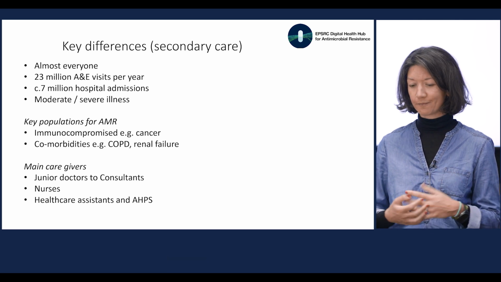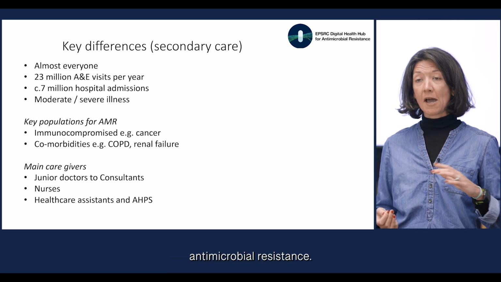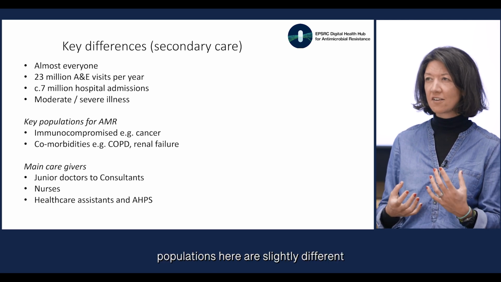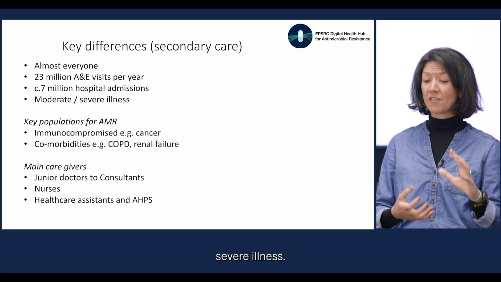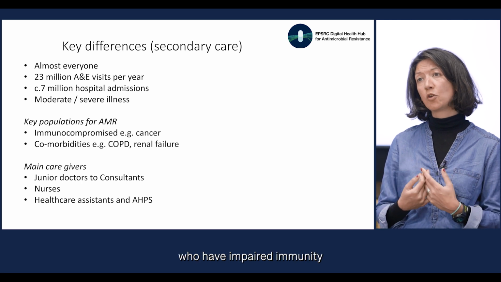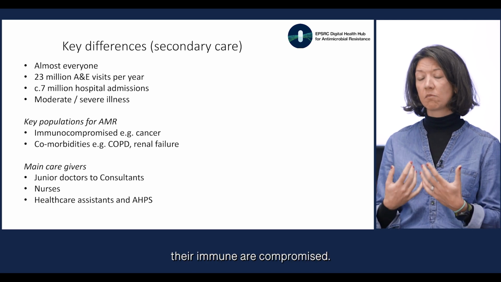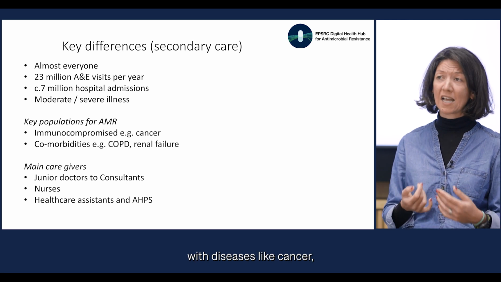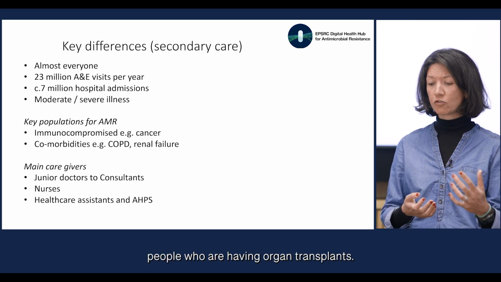You certainly shouldn't. But then thinking about antimicrobial resistance, our key populations here are slightly different because we're looking at more severe illness. It tends to be people who have impaired immunity, they're immunocompromised, so particularly patients with diseases like cancer, people who are having organ transplants.